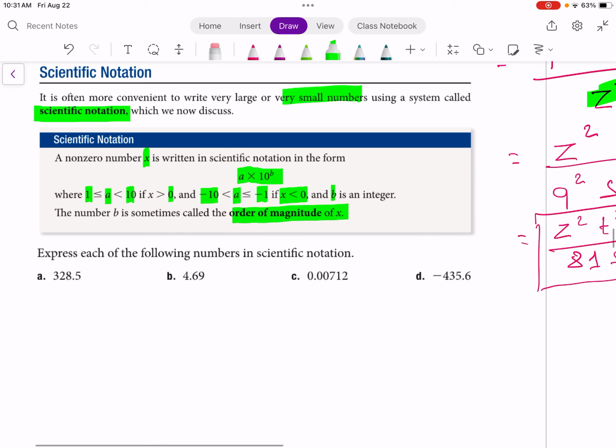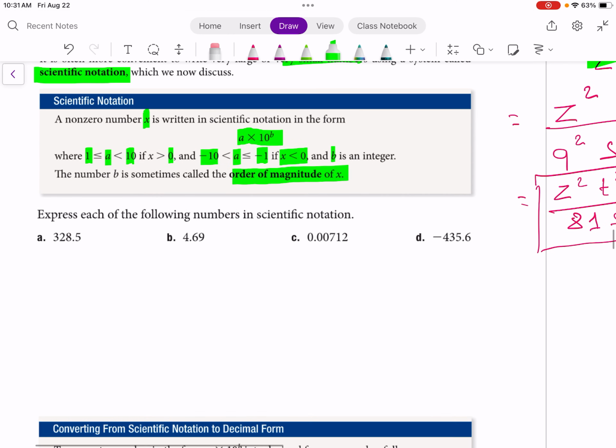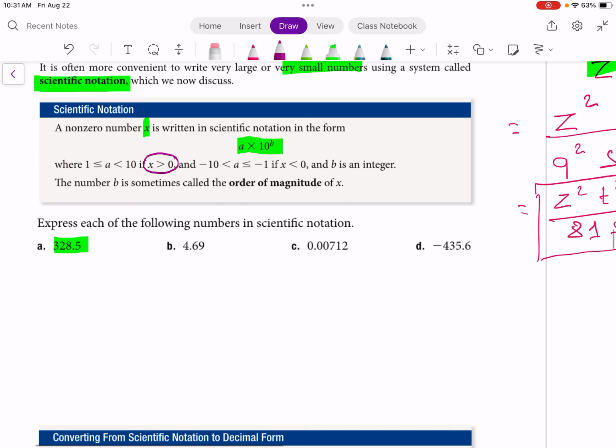So here let me take an example, then it will be more clear. We have this number 328.5. Is this number greater than 0 or less than 0? Greater than 0. Okay, so we will use this part here. When x is greater than 0, then we find a. a has to be between 1 and 10. So what will be a in our case?